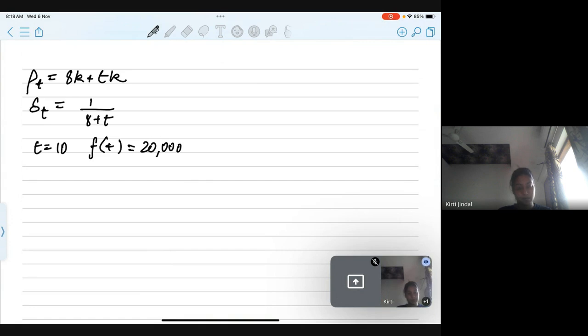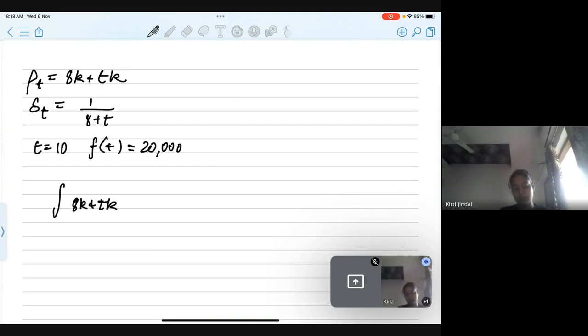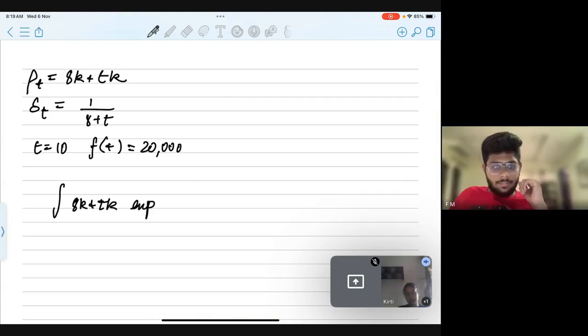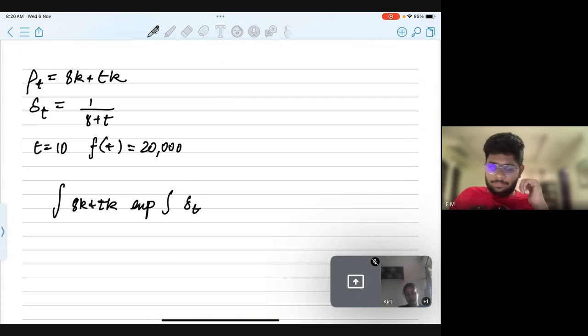So is it integration of 8k plus tk, exponential of the integration of delta t dt?